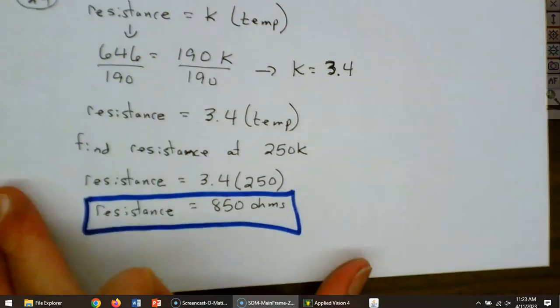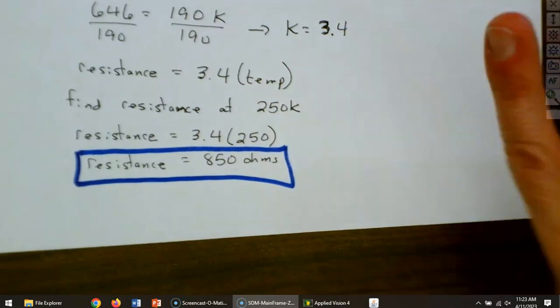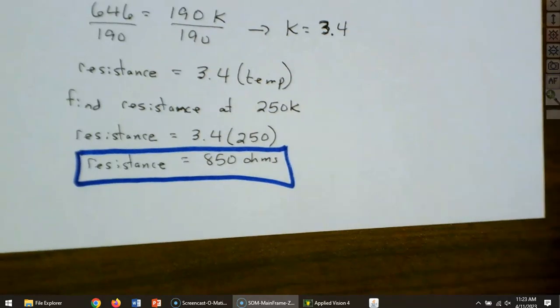A lot of times when you work through these, you may come up with some unknown units. We're not used to talking about ohms, but ohms goes with resistance in an electrical circuit. And a lot of times, we don't use Kelvin for our temperature, right? We use Fahrenheit or Celsius.